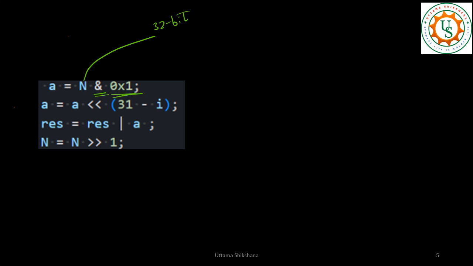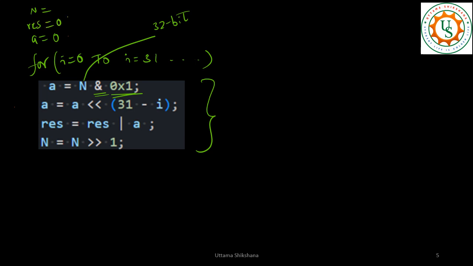This entire thing should run in a for loop for i equal to 0 to i equal to 31. You store the intermediate result in A. A should be 0 in the beginning, n you would have already defined, and result is the new thing that also should be defined as 0.